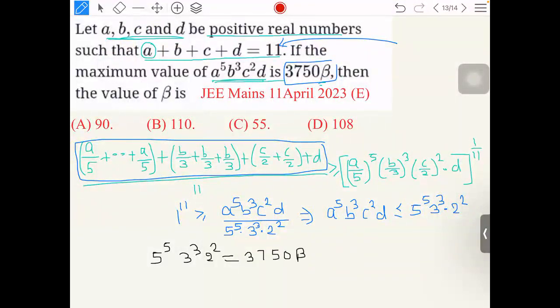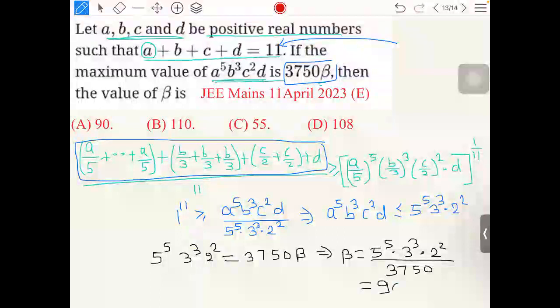So beta is 5 raised to 5, 3 cube, 2 square divided by 3750. After simplification, you will get 90. So the correct answer to this question is 90.